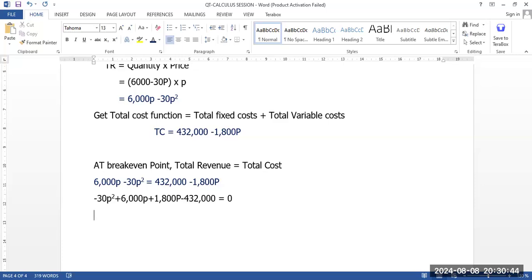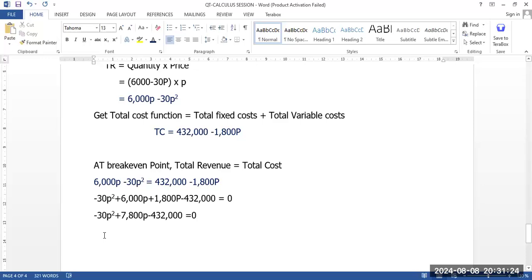So this is negative 30p squared, then if you add this plus this, you get plus 7,800p minus 432,000, and we equate it to 0.